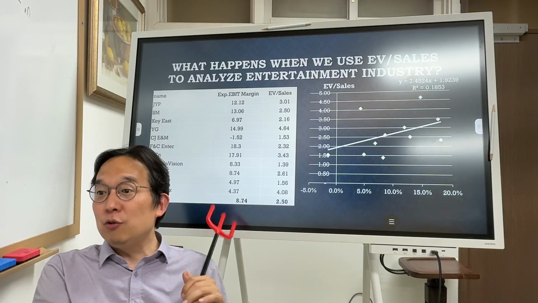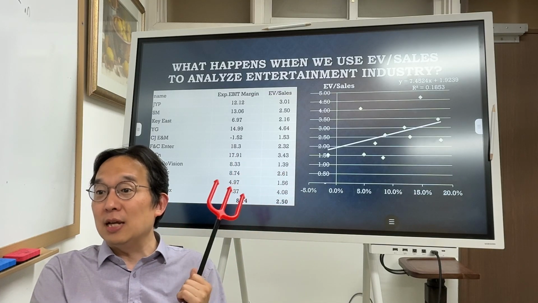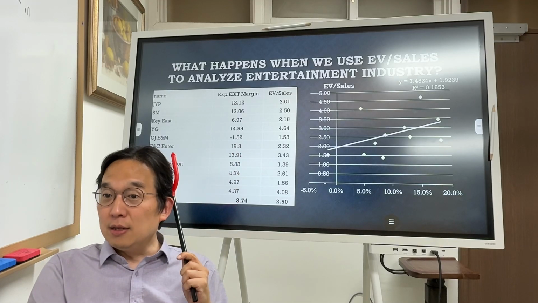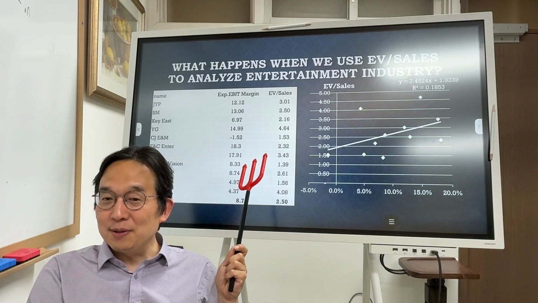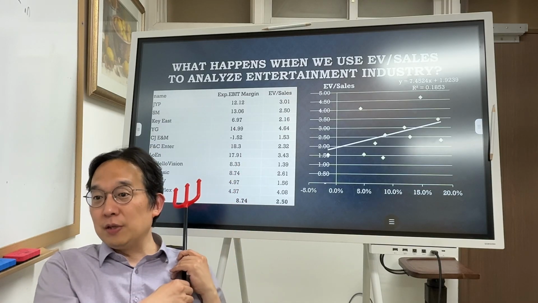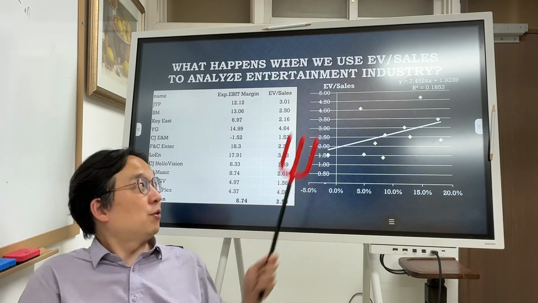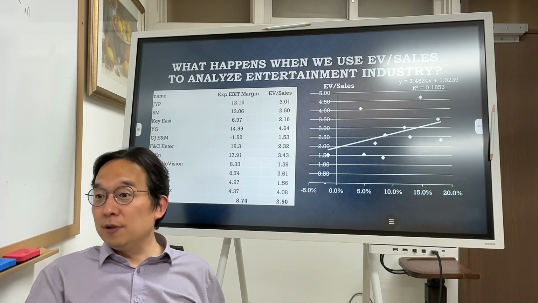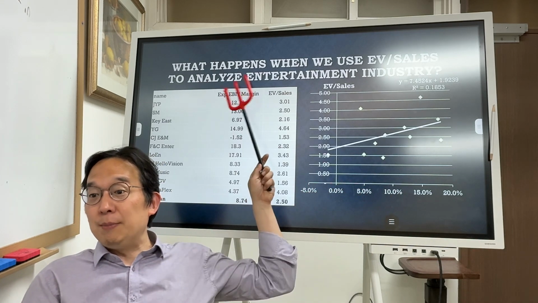What happens when we use the EV to sales ratio to analyze the entertainment industry? Remember, I wanted to focus on YG Entertainment in the previous example, right? So YG and a whole bunch of entertainment companies: EV to sales ratio, and then the fundamental driver, which is EBIT margin.